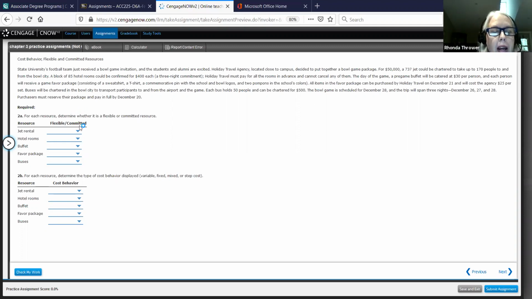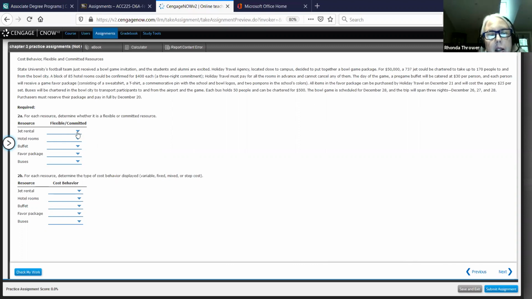And we might have enough people to fill up the plane, but it doesn't matter if we just have 2 or 3 people that are going to the bowl game. Then we still have to have a 737 jet. So this is an example of what we call a committed resource, because we have to commit to paying that $50,000 no matter how many people get on that jet.